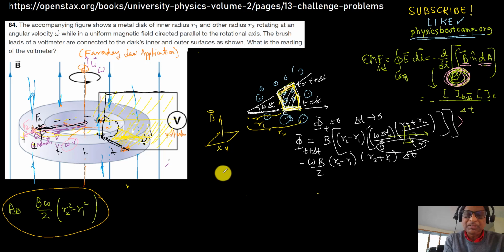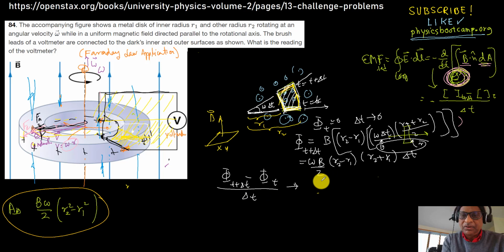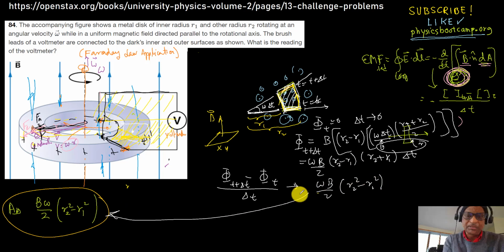So now we want EMF, so phi at t plus delta t minus phi at t over delta t. This will give me omega B over 2 times (r2 squared minus r1 squared), and I think I have got the same answer.